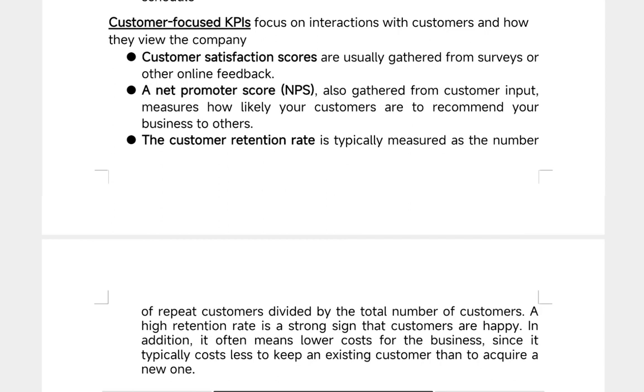Next is the Net Promoter Score or NPS. It is customer input on how likely they are to recommend your business to others.